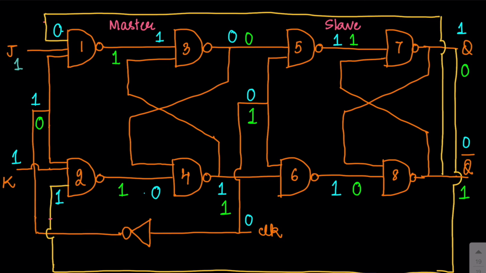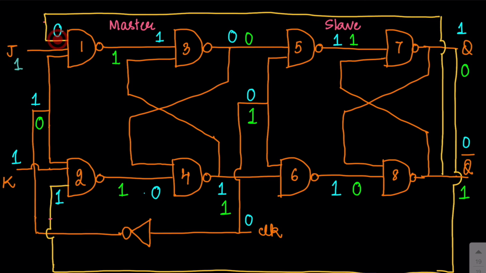But when the clock is equal to 0, the master is actually receiving the inverted clock, that is clock equal to 1, and hence the master is active. The input clock is 1, and let's see the first NAND gate. The 3 inputs for this are J equal to 1, clock equal to 1, and the third input is actually the value of Q bar, which is 0 that we had just assumed.